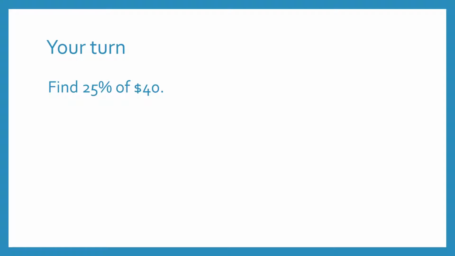Alright, now it's your turn. Try to find 25% of $40. Okay, so with this question, you could have gone and realized that 25% is a fraction, 25 over 100, which is then the same as a quarter.